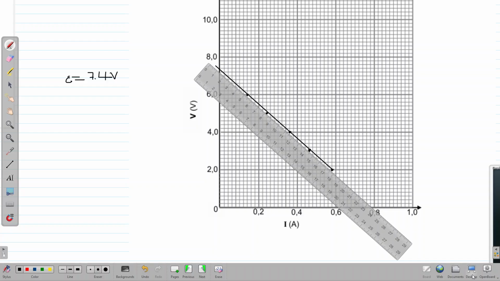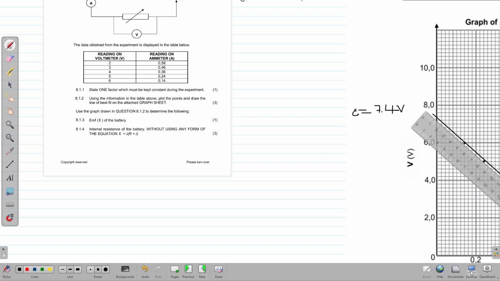That's my EMF there, so I'm just going to write that down. Let me write here the EMF. That's 8.1.3, because we've done 8.1.2. 8.1.3, the EMF is equal to 7.4 volts.